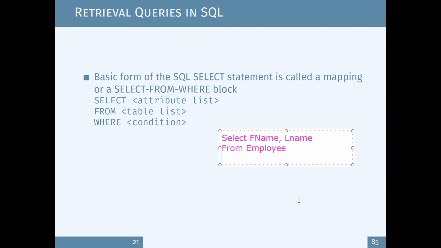But you can say, okay, where we'll say F name is Saman. So what this does simply, okay, we want to get the first name and last name from the employee table where F name is Saman. So you retrieve the data, only F name is Saman. So that's what it means.